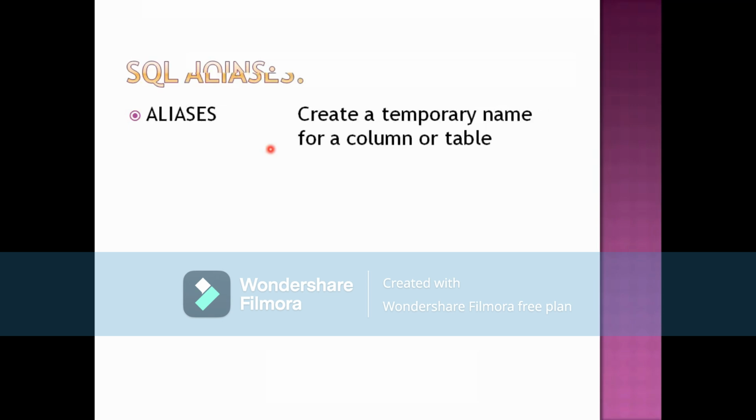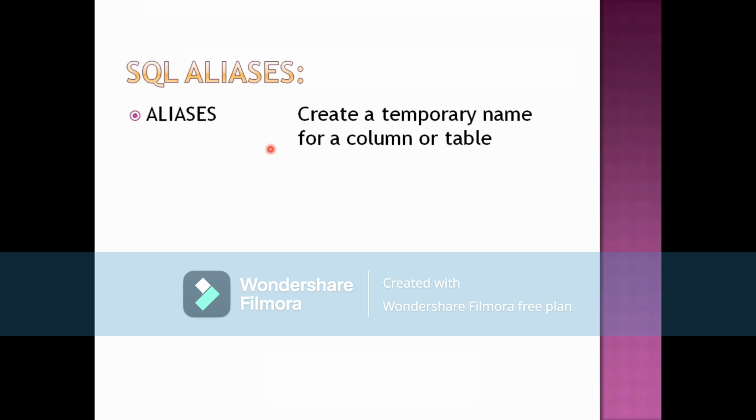Next one is the aliases concept. The SQL aliases. Aliases mean we can create a temporary name for a table or column. For example, the employees table has first name, last name, and other data.